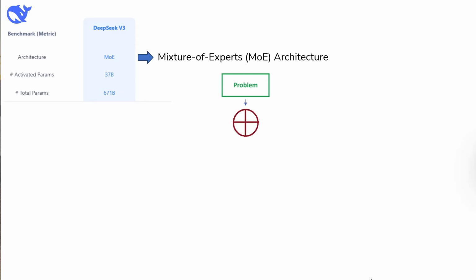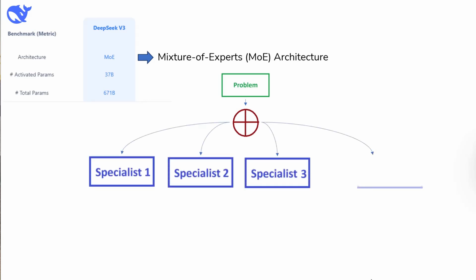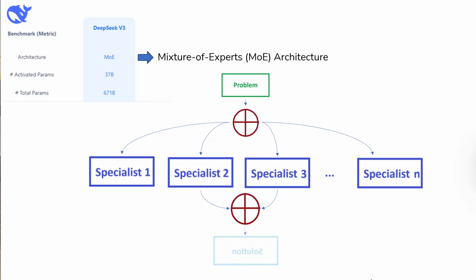If you look at this diagram, the problem goes to the DeepSeek engine, and then the DeepSeek engine sends that out to the different specialists that it's got. Based on the responses that come back from those specialists, it gathers the information and generates the solution at the end.